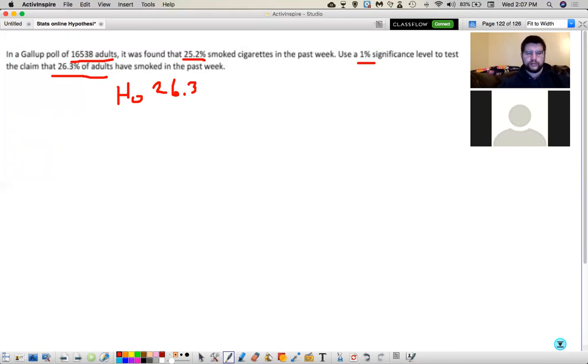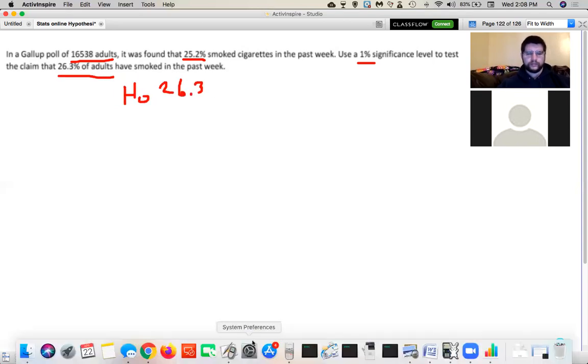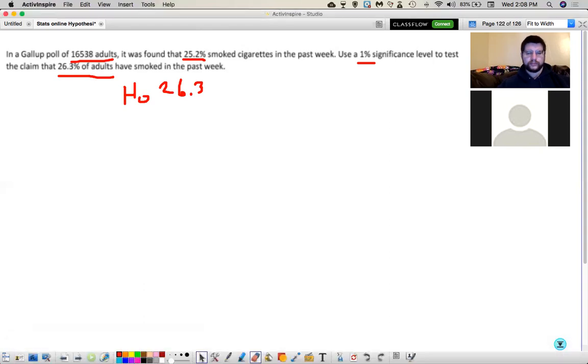Move that over a little bit. So P equals 26.3%, which we don't like percent, so I'm going to change that to 0.263.